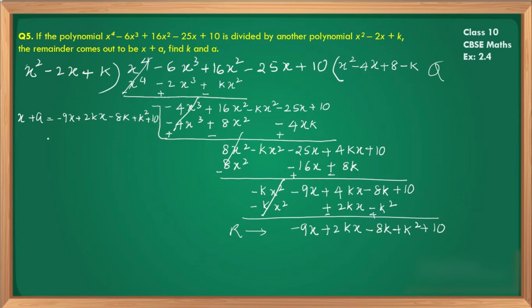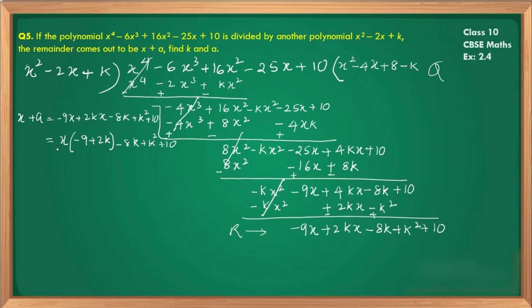Now you can observe what is common, and that we can bring out of the bracket. Minus 9 plus 2k, close the bracket. Then put minus 8k plus k square plus 10.